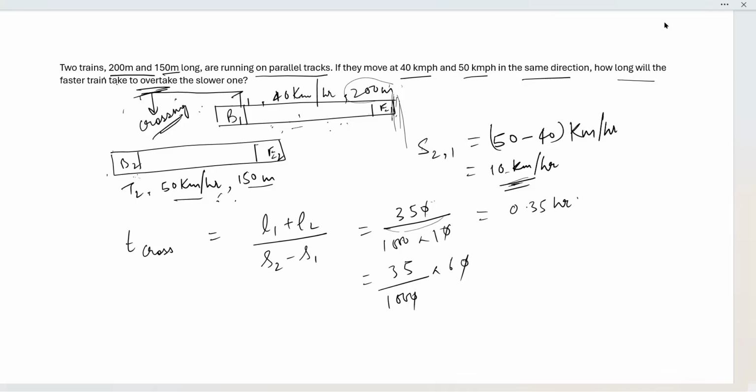So this will be 210 by 100. So this will be 2.1 minutes. You can convert it into seconds also. So this will be 2.1 into 60 seconds. So this will be 126 seconds.